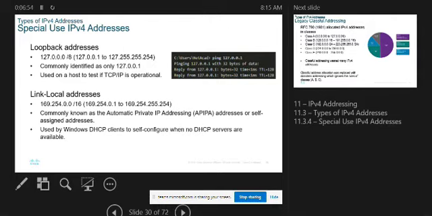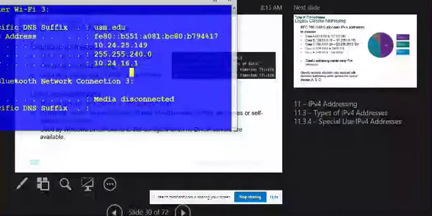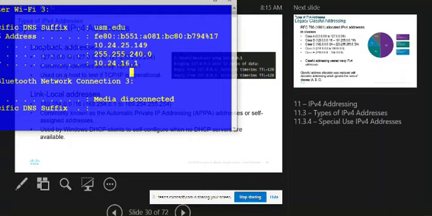You can see all the different adapters, but you do ipconfig, and then we should get our adapter that gives us the internet. So that I know is a valid address. So now you guys know if you see a 169.254, the problem is for some reason the device that you're working with is not getting a connection to the network because it's not receiving an address from a DHCP server.